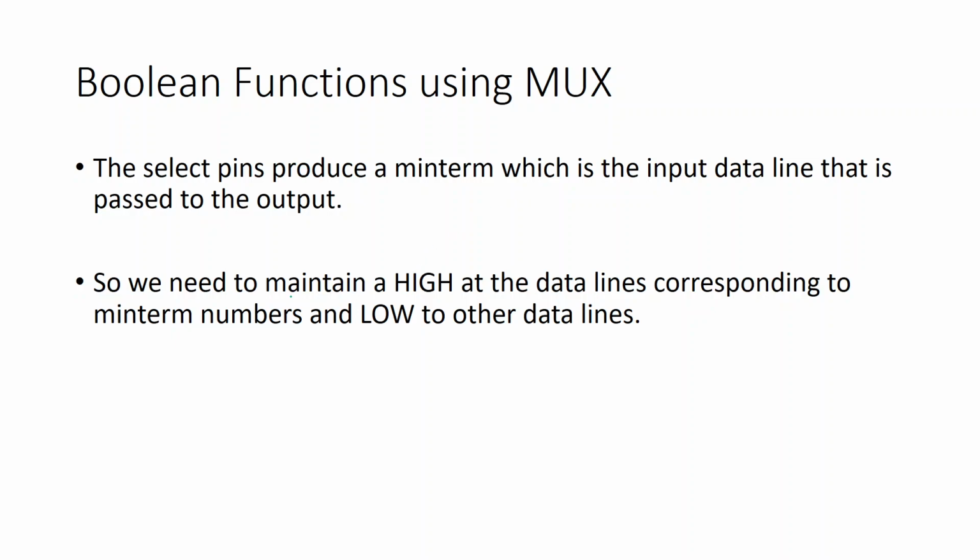So we need to maintain a high at the data lines corresponding to min term numbers for which function output is high, f is 1, and low to other data lines.